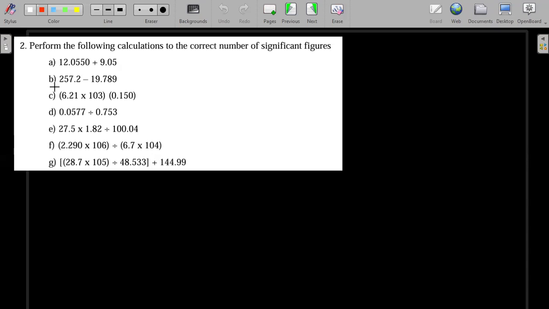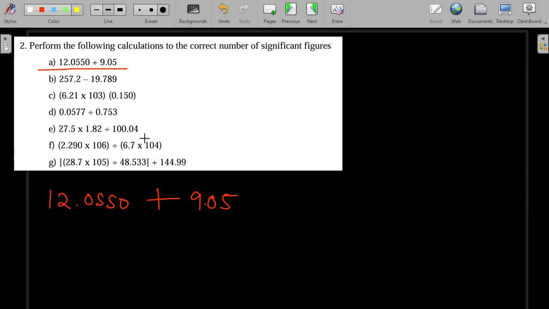So what we mean is that I will use this A here. On A, I have 12.0550, and I'm adding to this number 9.05.